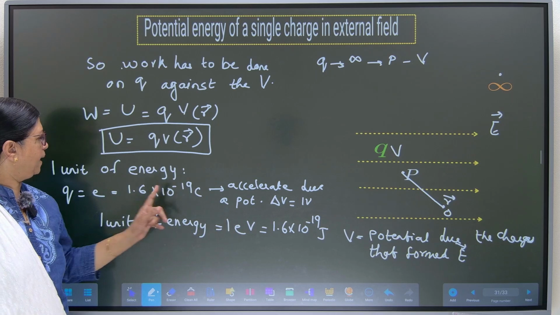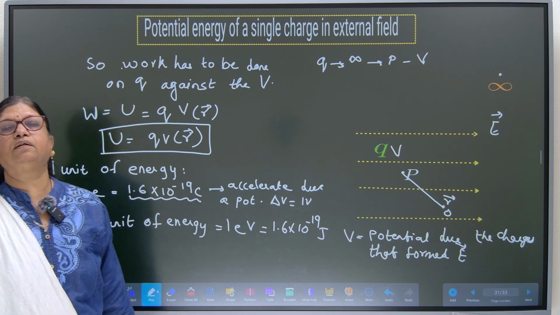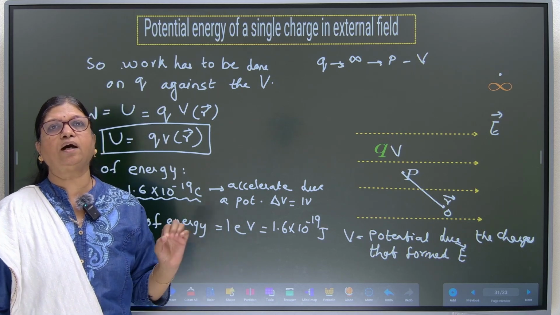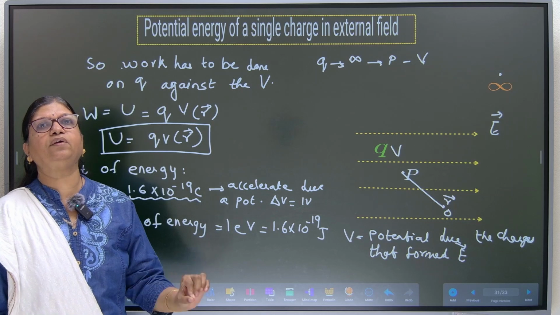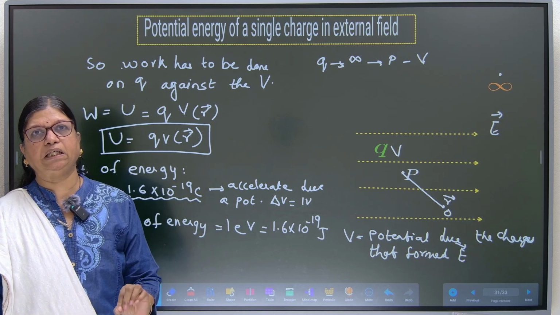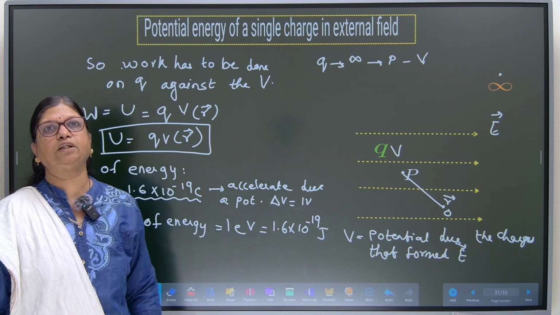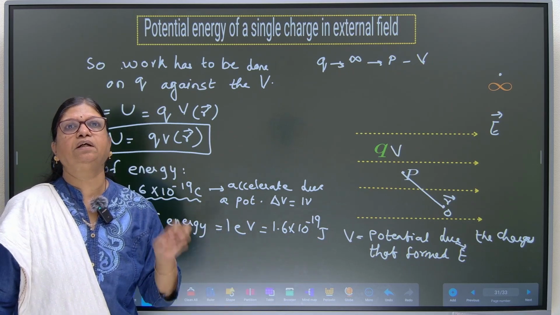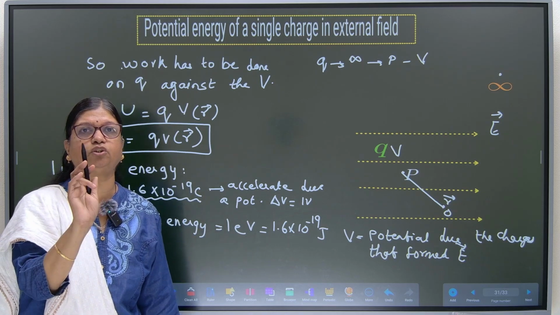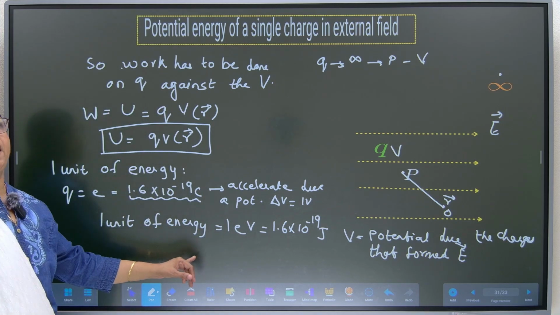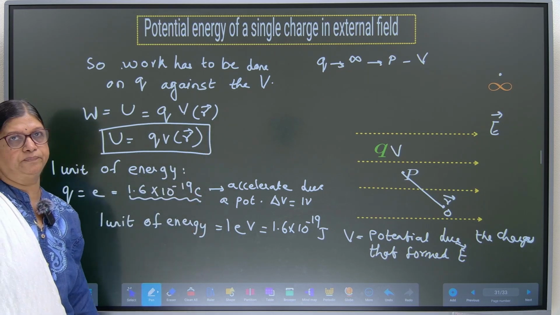Okay, I multiplied the value of 1 electron charge with 1 volt, 1 eV, but e is equal to this much value of coulomb. So coulomb into volt, which is equal to the joules, which is the energy stored. 1.6 into 10 raised to minus 19 joules is the energy stored as a 1 unit of energy in the system.